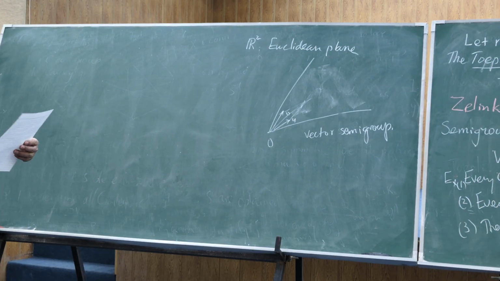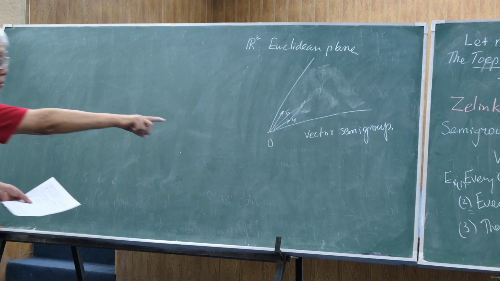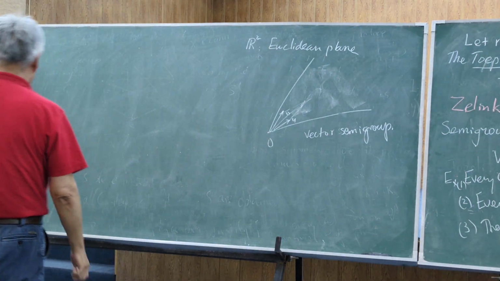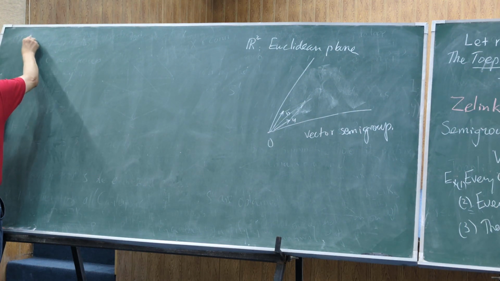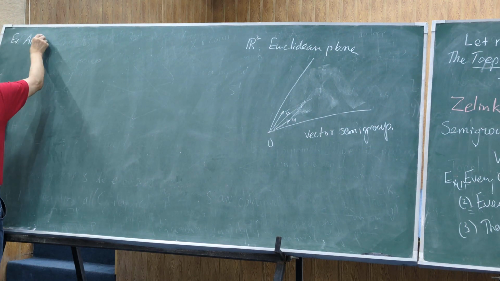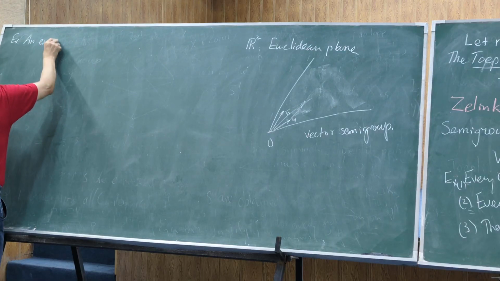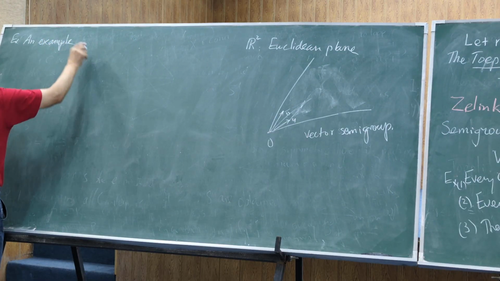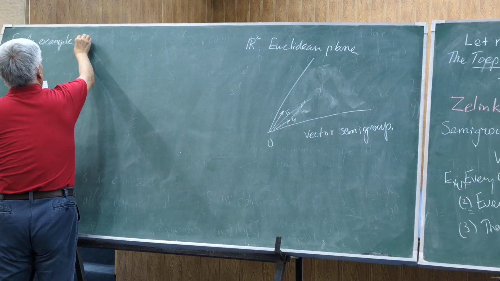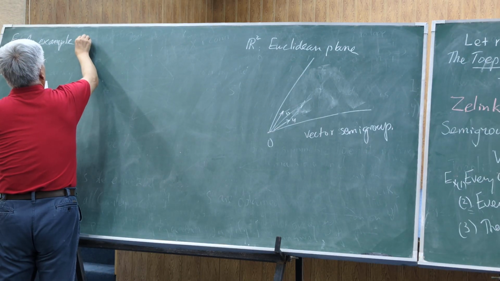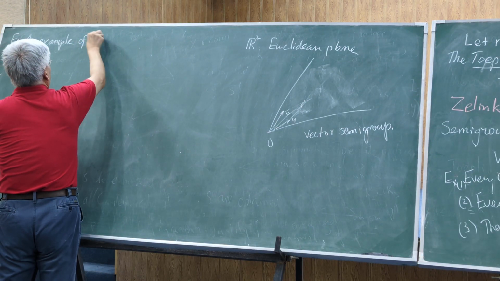So let us just give an example, the example outside of 2 and 3, of 1 and 2. The general expression of this is in my slide, so it doesn't matter. An example of 3 and not 1 and 2.